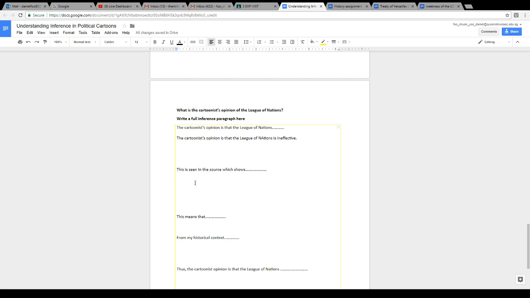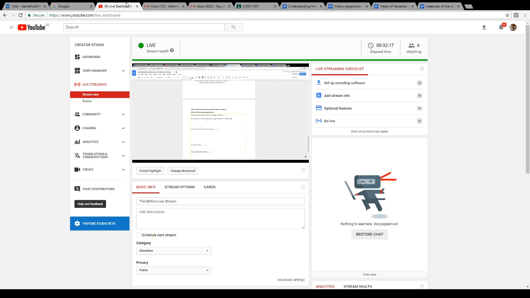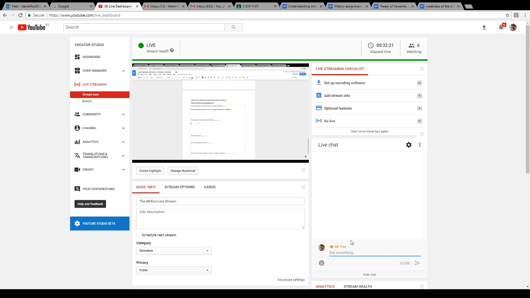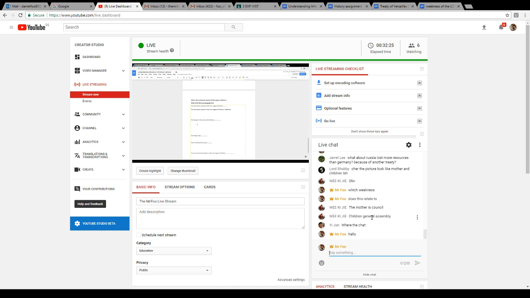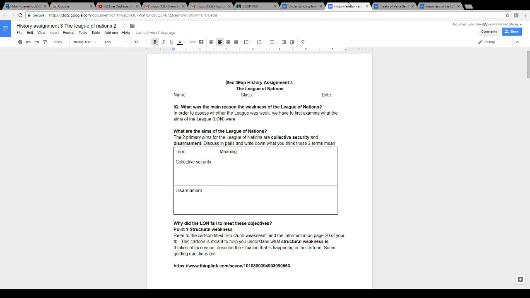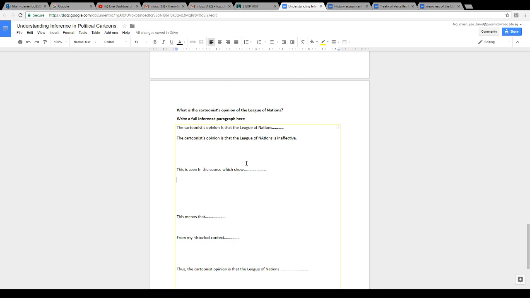Because the source shows. This part you just write exactly. Just write exactly what you see inside the picture. Okay, so what do you see?